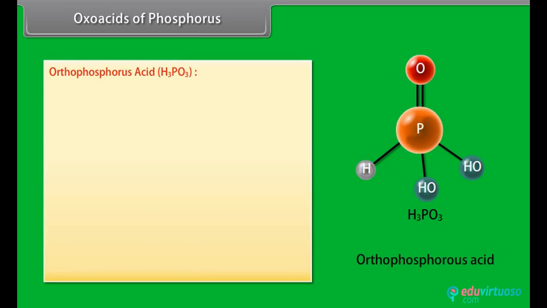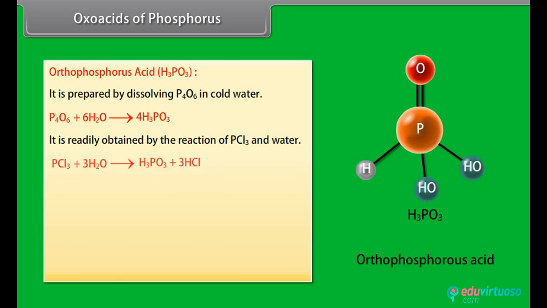Oxoacids of phosphorus. Phosphorus forms a number of oxoacids. The important oxoacids of phosphorus are the following: orthophosphorus acid. It is prepared by dissolving P4O6 in cold water.